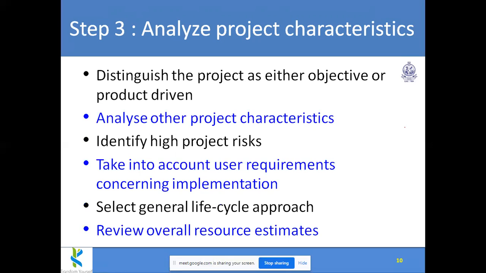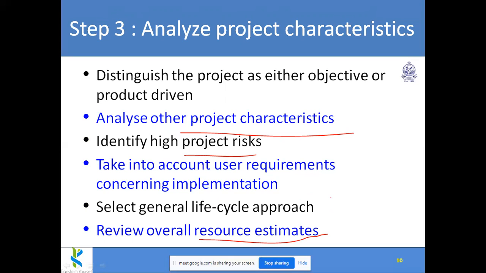And we can review the overall resource estimates. So we'll be analyzing all the characteristics, risks, everything here. So overall resource estimates to develop this complete project, totally 10 activities.